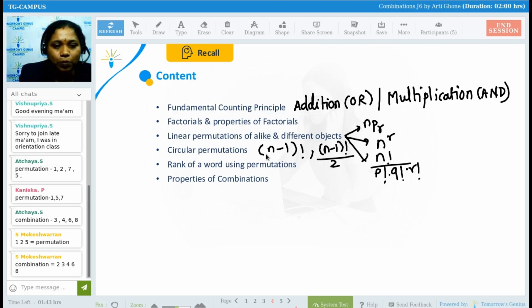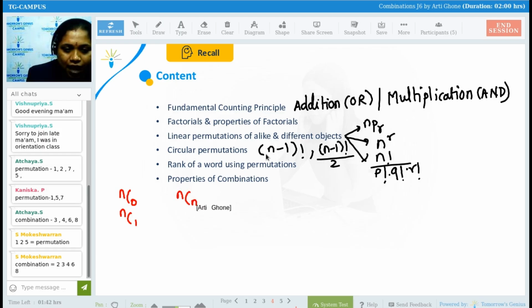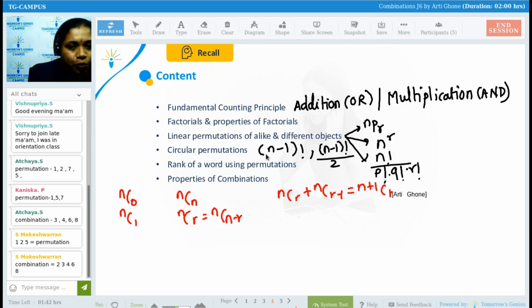Okay. The next one is properties of combinations. A very important session. Tell me quickly the properties of combinations. What is nC0, nC1, nCn? nCr is equal to nC(n minus r). Yes or no? nCr plus nC(r minus 1) is equal to (n plus 1)Cr. These are some important properties.